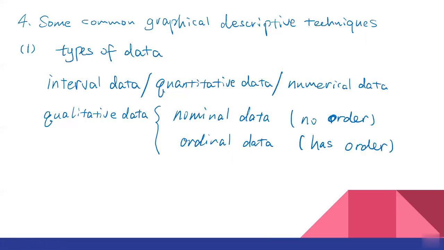Okay. After that, we studied different types of charts. First, you should be able to read and draw the dot plot. Dot plot is used to describe the rough distribution of one-dimensional data. Next, you should be able to read and draw the stem and leaf display, which is also used to describe the distribution of one-dimensional data.